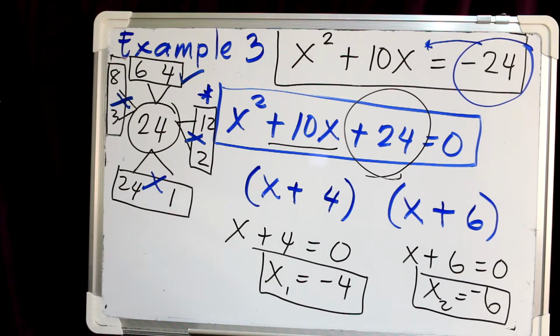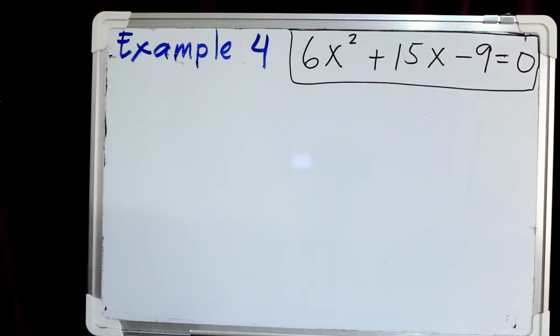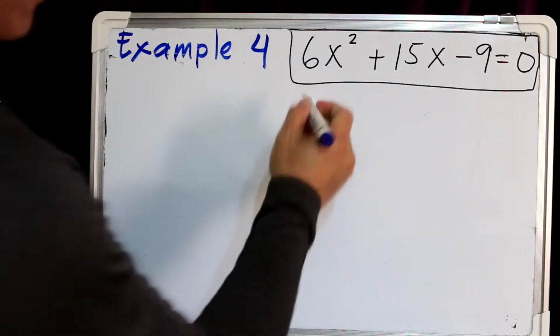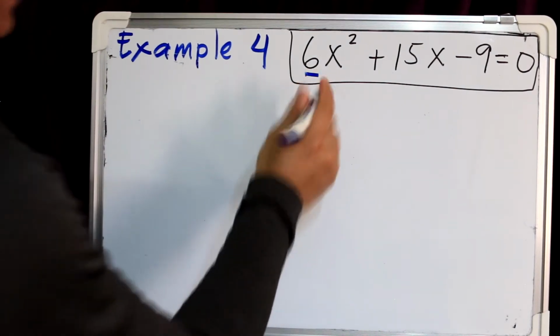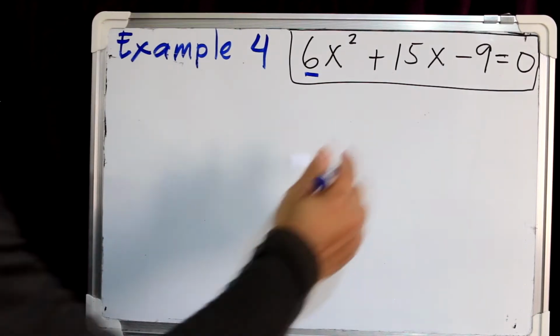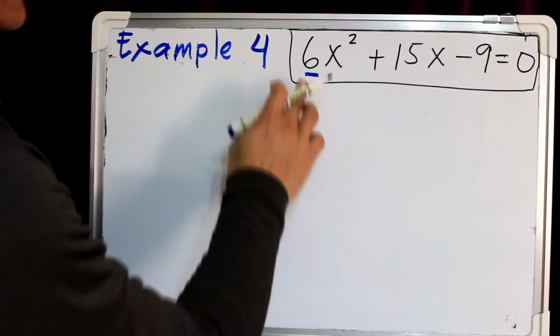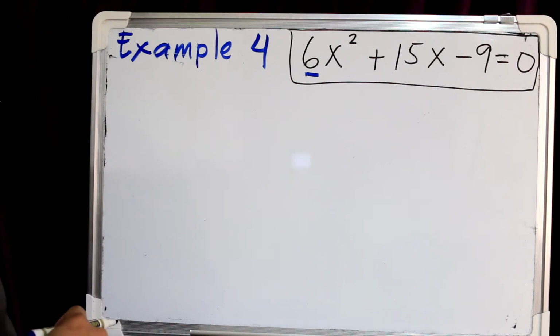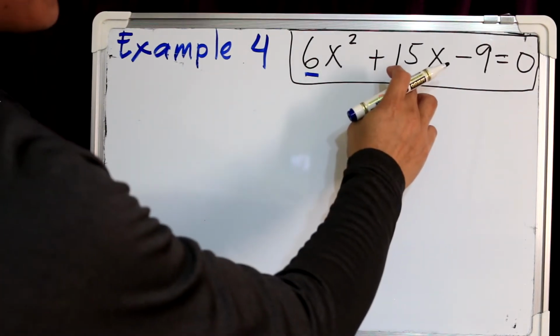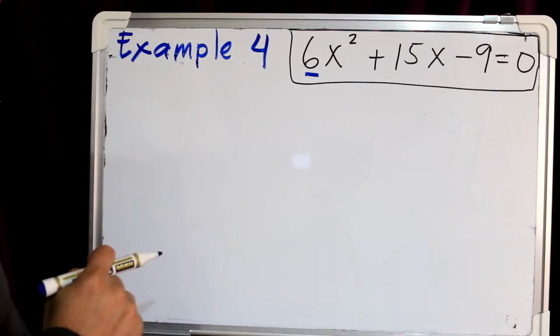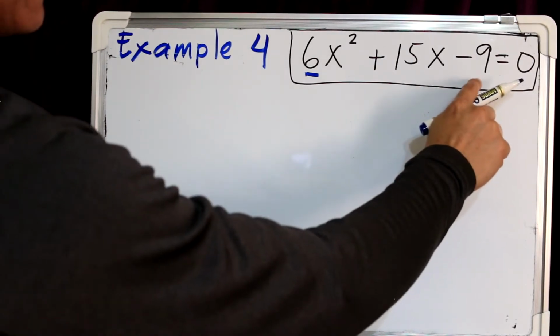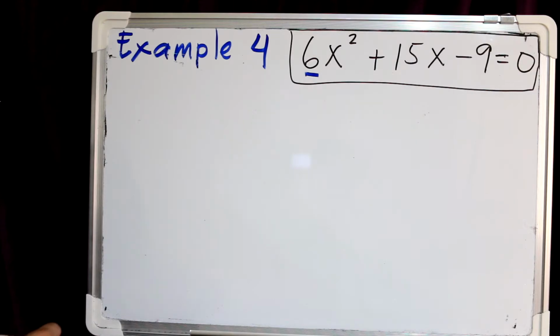Easy stuff, right? Okay, let's get into example number 4. For this example, we have a coefficient on term 1 and term 2: term 1 has 6 there, and term 2 has 15, and you have a minus 9 as constant.